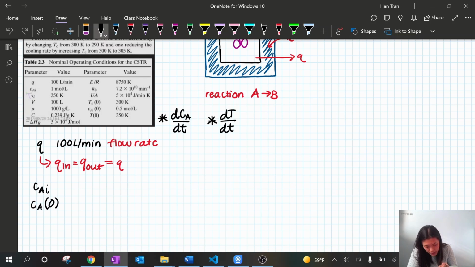And we can see that the CA of 0 is less than the CAI, so it can be assumed that the initial concentration is going to be less than any other concentration. And so we are going to say that this CA0, that is 0.5 moles per liter, is the initial concentration.